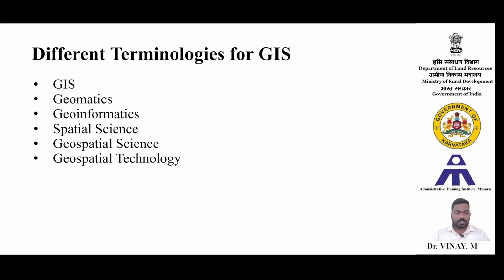Other terminologies like geomatics are used. Geomatics is a compound word, a combination of geography and mathematics, where we mainly concentrate on the mathematical part of geography, like measurements, areal measurements, linear measurements, measuring the circumference of the earth, the radius of the earth, the elevation of a particular mountain, the depth of the ocean from the shoreline.